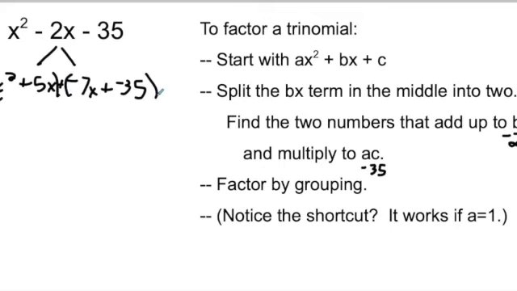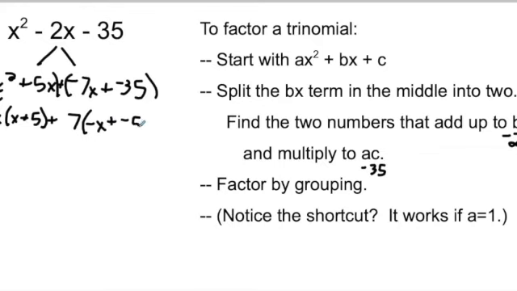And we can factor out the GCF from each set of parentheses. x squared and 5x, the GCF is x. What will remain in parentheses is x plus 5. If you're not sure about that, use the distributive property to check it. And then here, negative 7x and negative 35, well, they're both divisible by 7. So we can pull a 7 out in front, and what remains then is negative x plus negative 5.